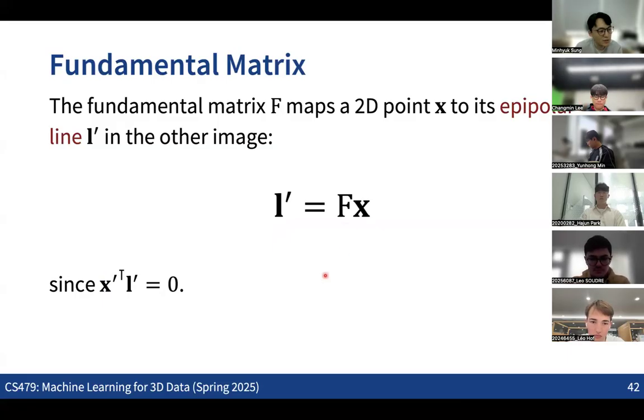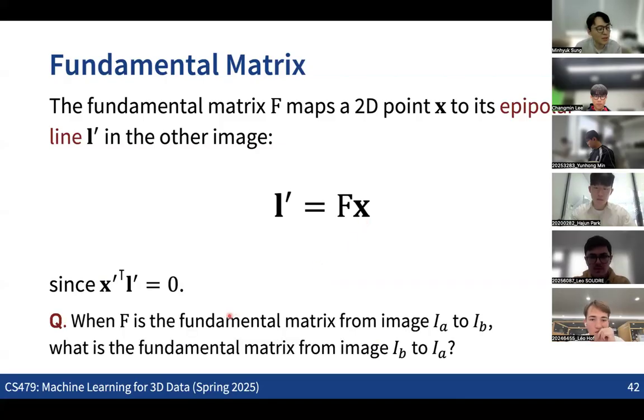Now the question is, this matrix maps the point in the first image to the epipolar line in the second image. How about the opposite? Given that F is the fundamental matrix from one image to the other, what's the fundamental matrix from the second one to the first one? It should map the point in the second image to the epipolar line in the first image, right? What is such a matrix?